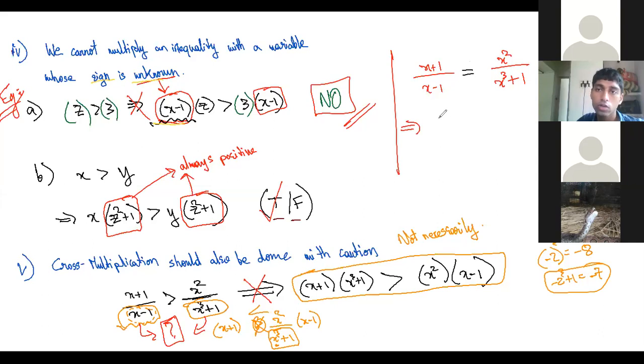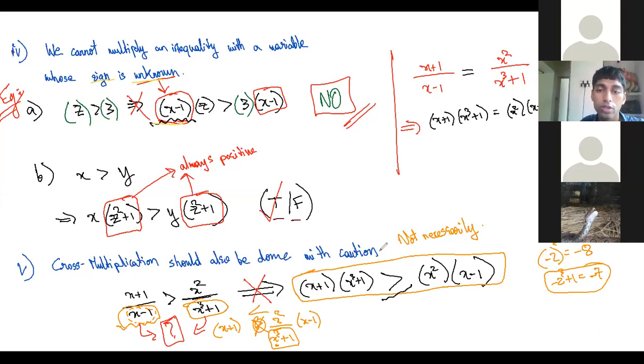Then what do you generally do? Generally you just multiply. Cross multiplication. You would like to cross multiply and solve it. But what I'm saying, if you have this inequality, you cannot do that.